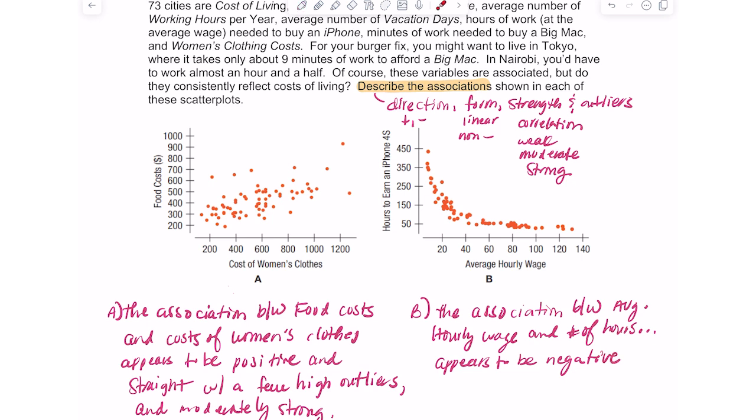In other words, as the average hourly wage increases, the number of hours to earn an iPhone would decrease, which I guess in that country makes sense.